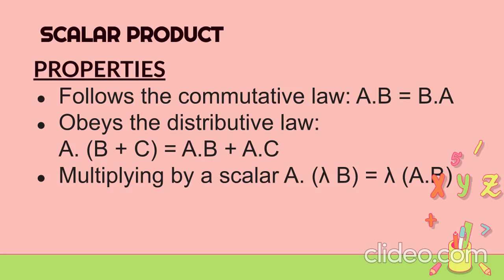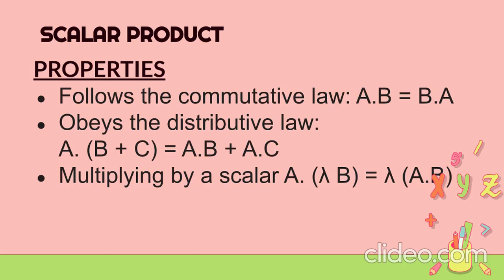Scalar product follows the commutative law, which means a dot b is equal to b dot a. Also, scalar product obeys the distributive law, which can be written as a dot (b plus c) equal to a dot b plus a dot c.